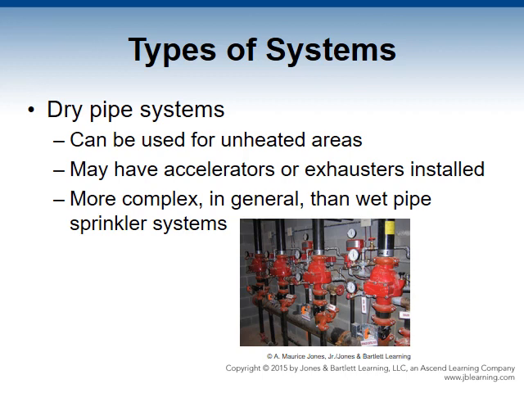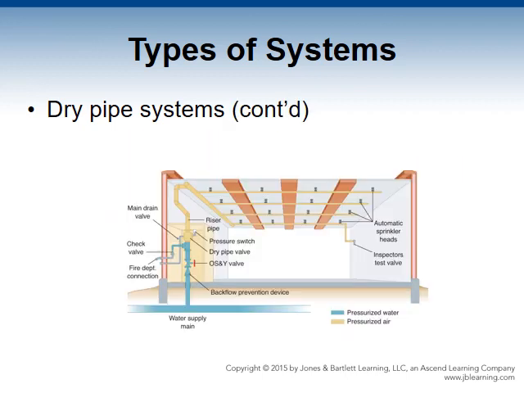Systems are more complex in general than wet pipe systems as a whole, and they can include the same or similar different parts. Here's a great picture of your dry pipe system. Notice the various components.